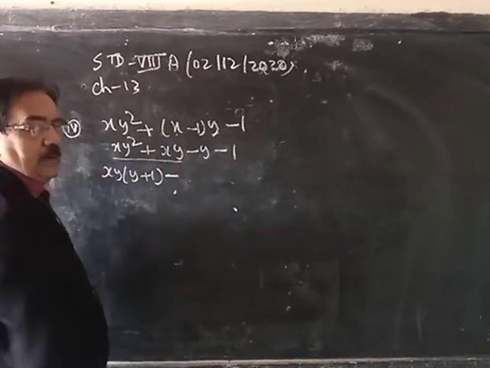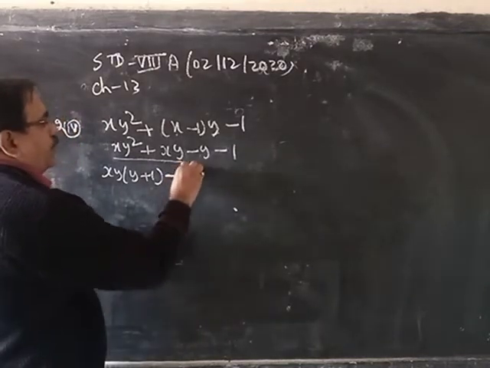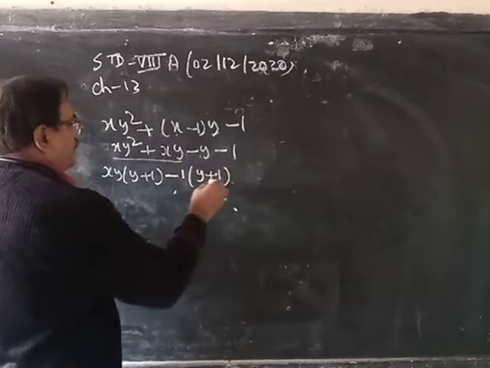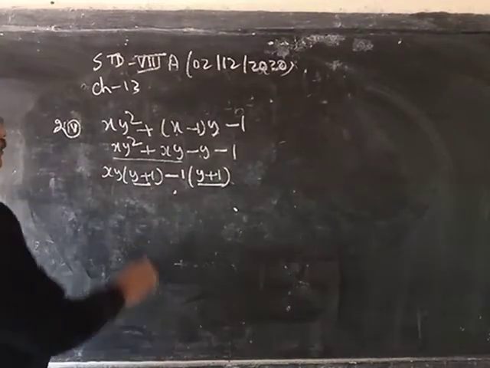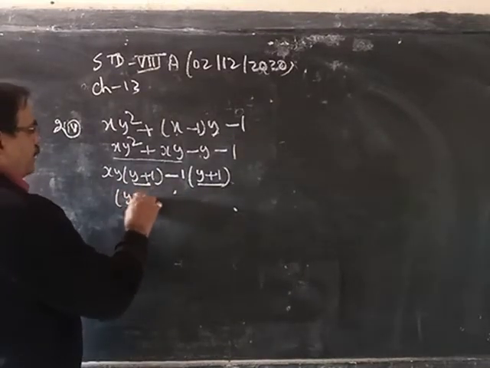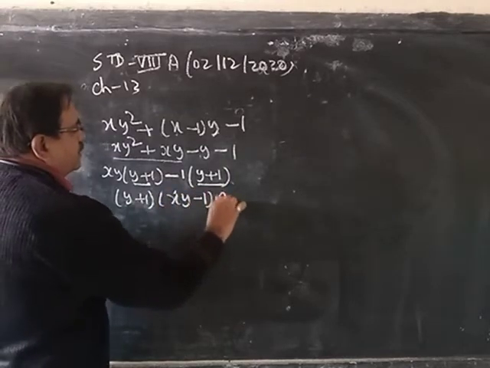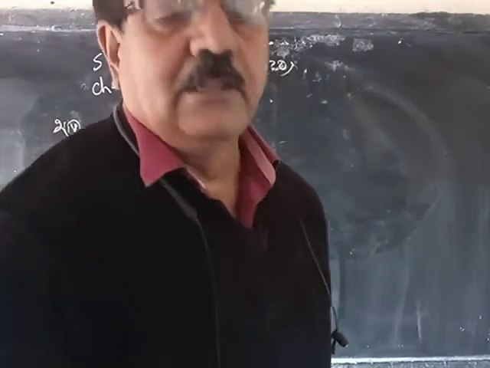Here nothing is common, so we will take minus 1 common. Then here y and minus are taken already, so it will be plus 1. Now see, inside the bracket it is the same value. So on the whole, common is y plus 1, then left xy minus 1. This is our answer. Do you follow this, sir?